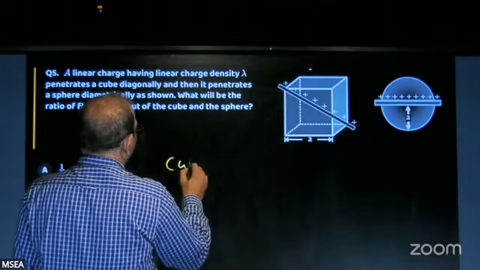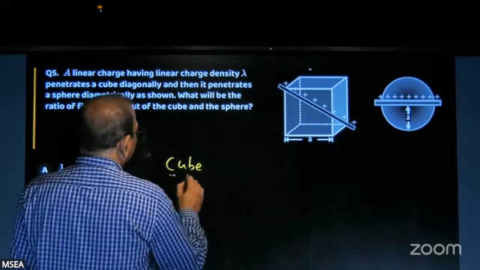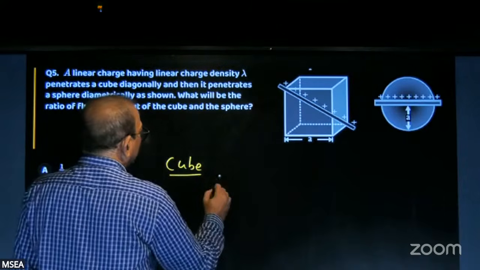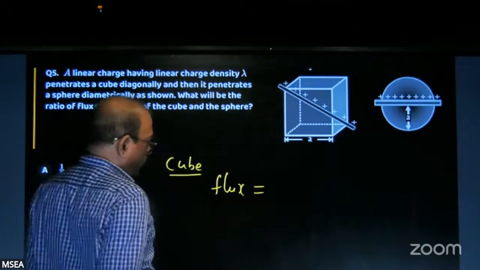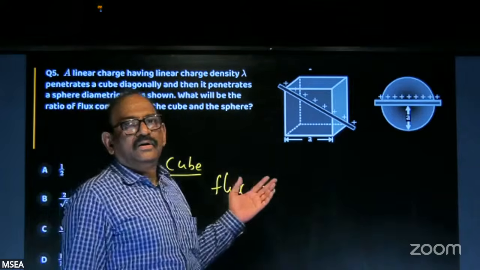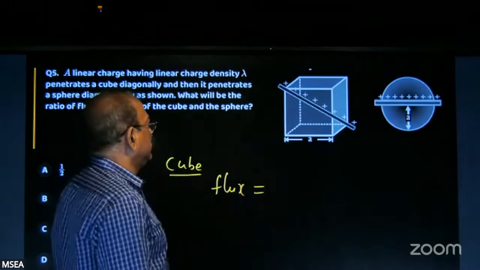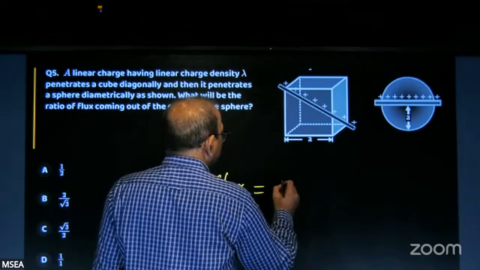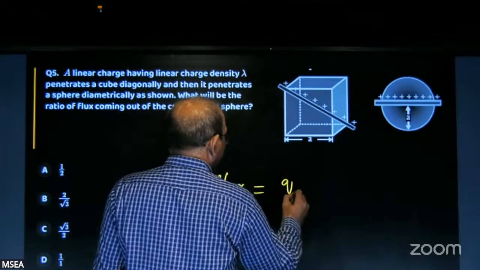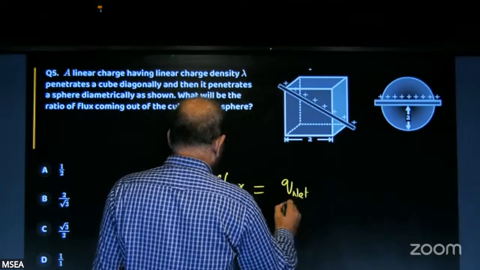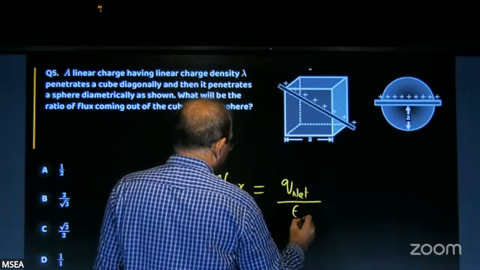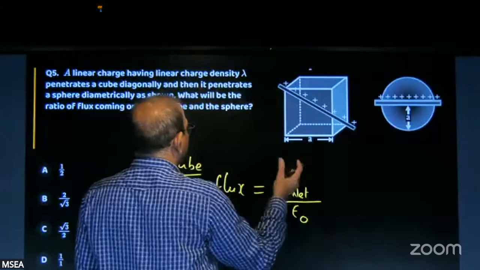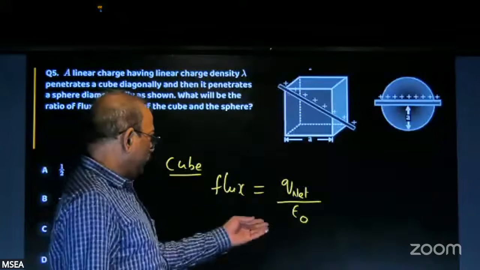First the cube I am taking. What is Gauss law? Flux passing through a closed surface is the net charge enclosed inside it divided by epsilon naught, if the medium is air or vacuum.